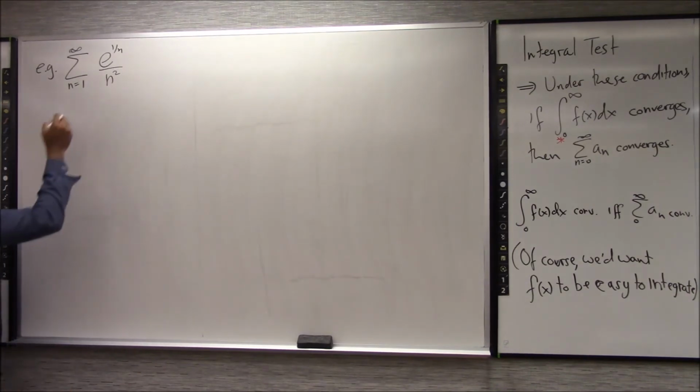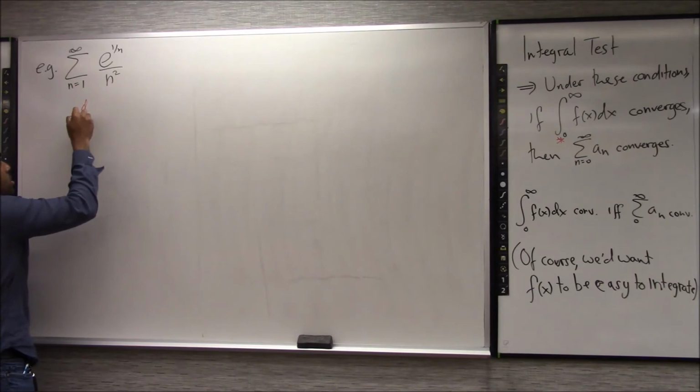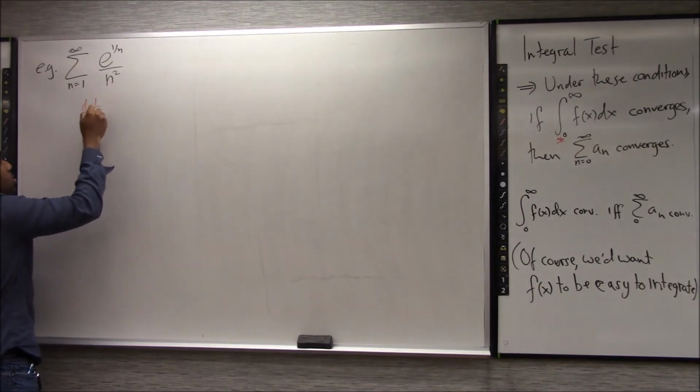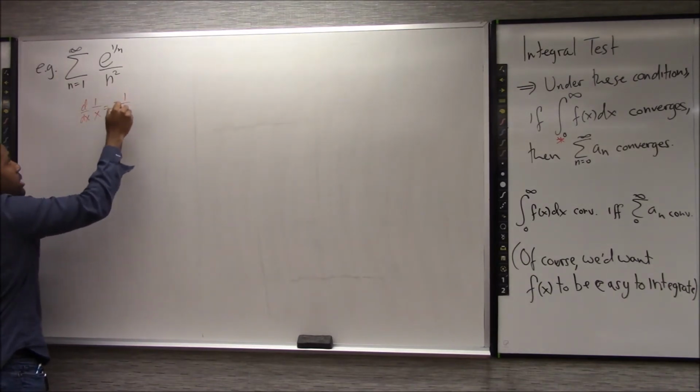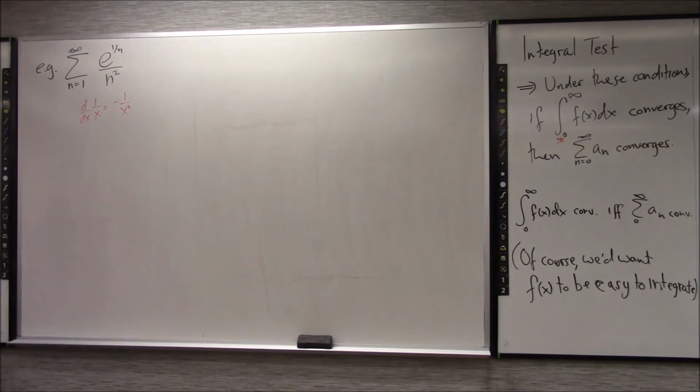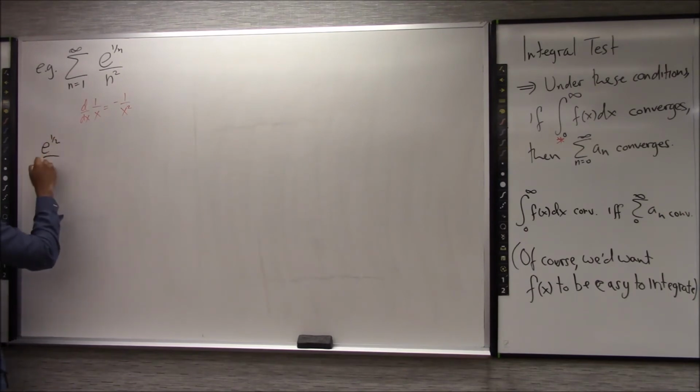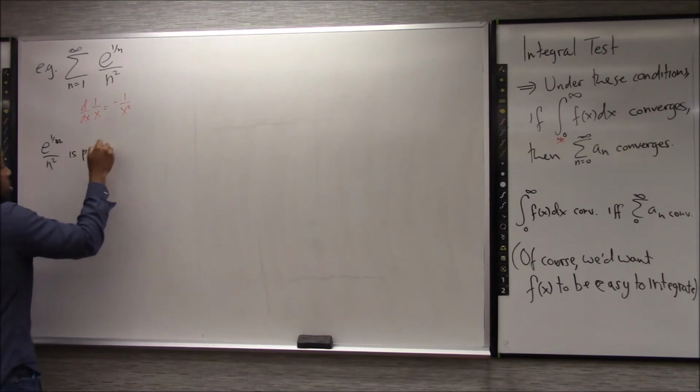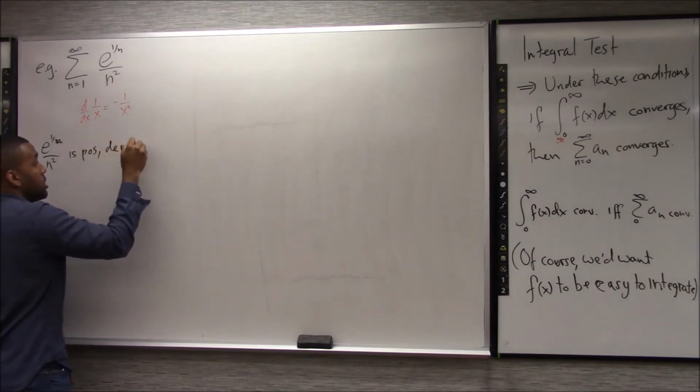But then you realize, hey, if I took the derivative of 1 over x, that's actually minus 1 over x squared. So this function, notice that for n positive, it's decreasing, and it's continuous.